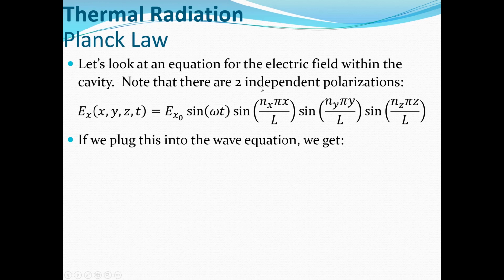It says here that we have two independent polarizations. So here is the electric field going in one of the directions, the x direction, and it's going to end up being equal to this entire term. This is the time aspect, and these are the x, y, and z aspects.